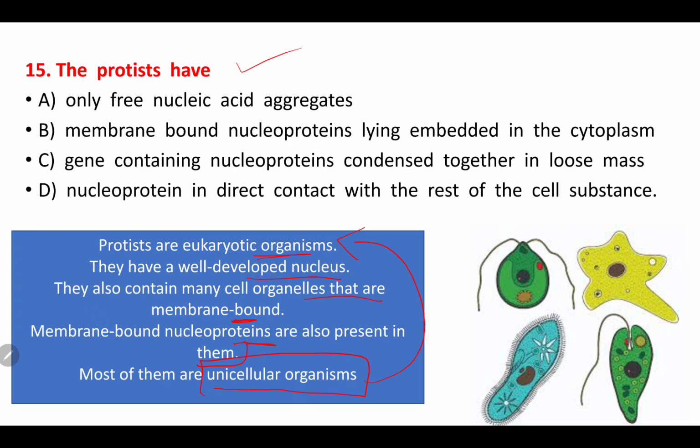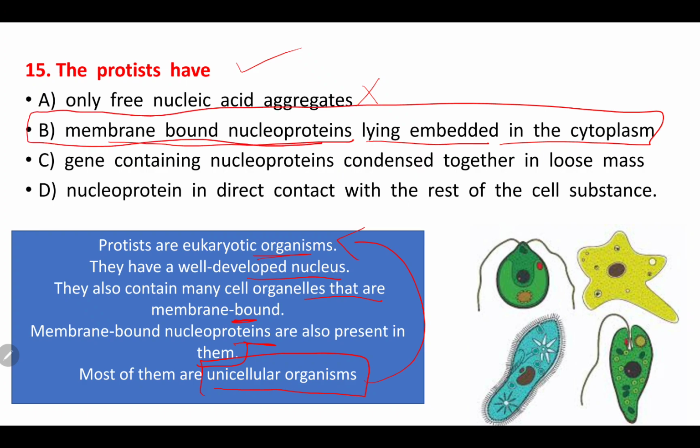Now, let us move on to the options. Only free nucleic acid aggregates, this is false. Membrane bound nucleoproteins which are lying embedded in the cytoplasm. Yes, they are membrane bound nucleoproteins, and these nucleoproteins are present in the cytoplasm.